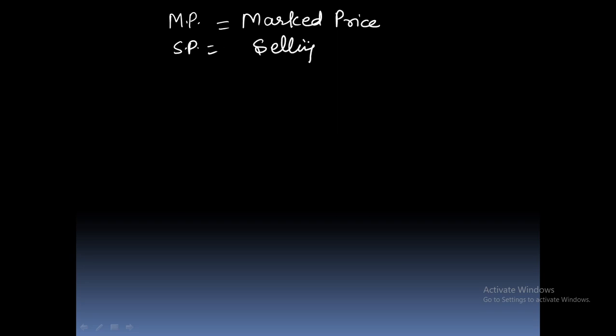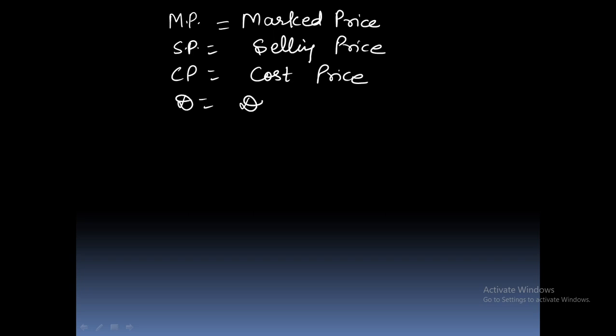In whole chapter we will use these abbreviations. MP is used for market price, you can say market price. SP is related to selling price. CP is related to cost price.